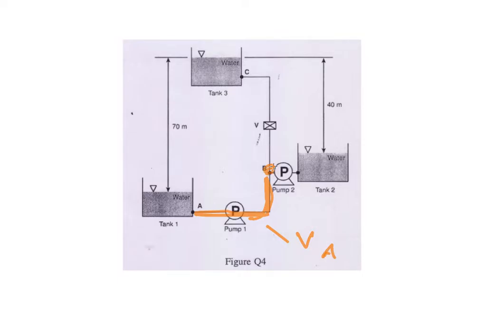And then starting from point B here, the flow will become faster because the flow here depends on pump number 2 and pump number 1. So the flow from point B until this water tank will have extra energy coming from pump number 2.